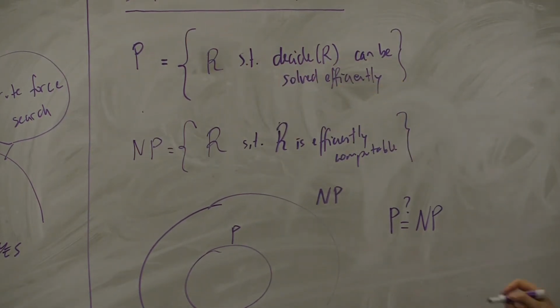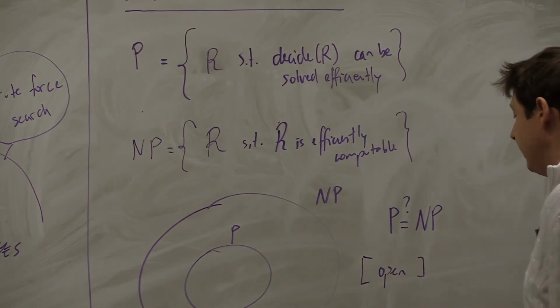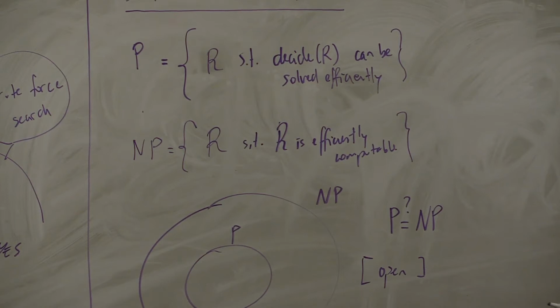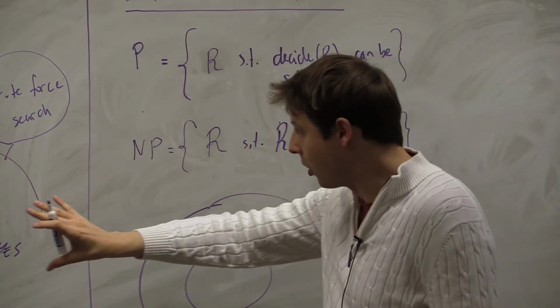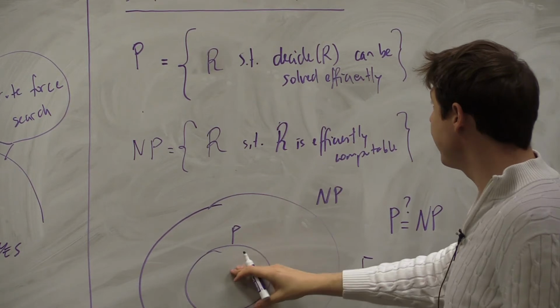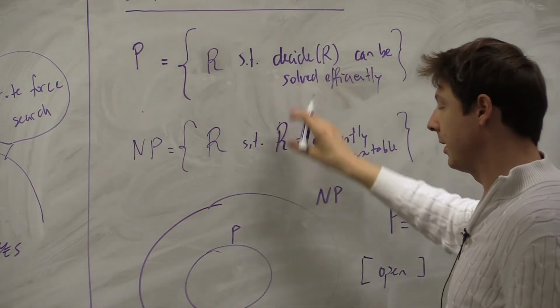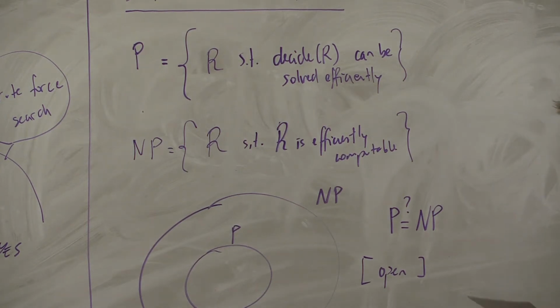Okay? So you probably already know that the answer to the question is open, right? And one way to understand it is, is there a way to mechanically avoid brute force search? Because again, we can always do brute force search for any NP problem. But what we're asking is, is there a polynomial time solution? Is it always possible to avoid brute force search?